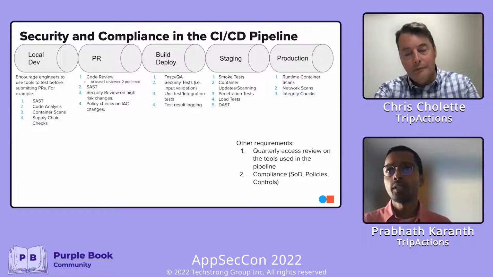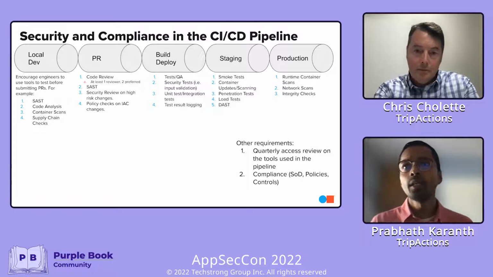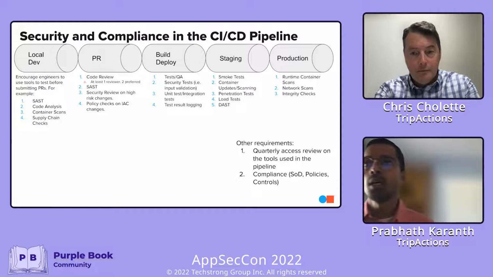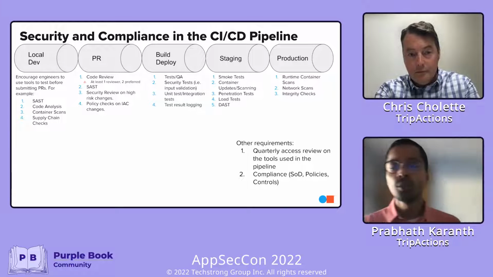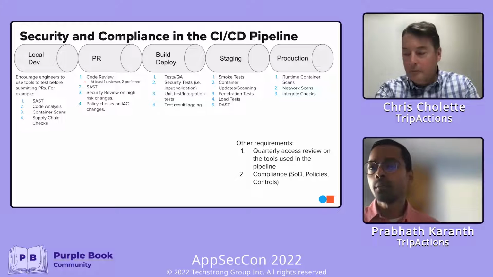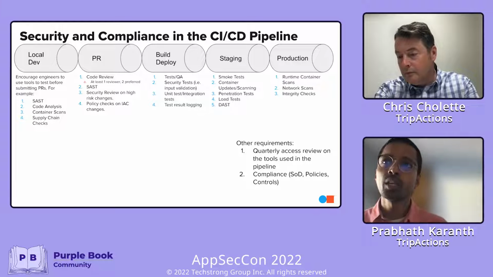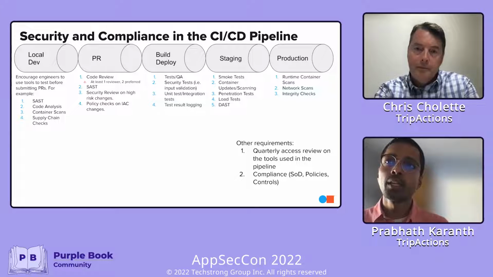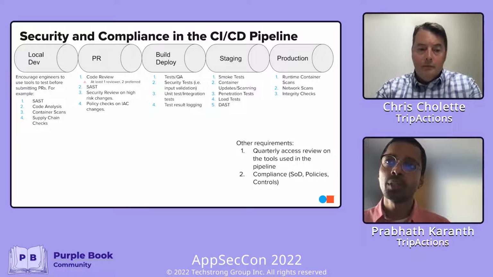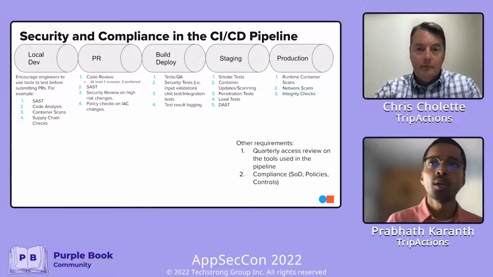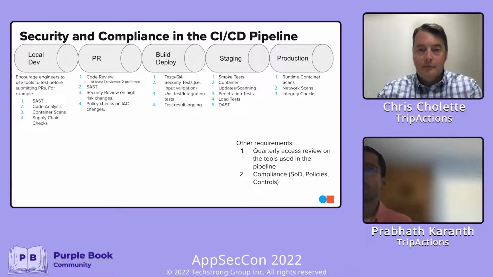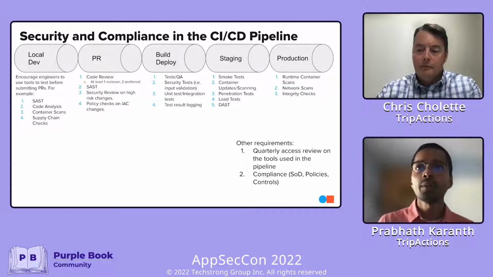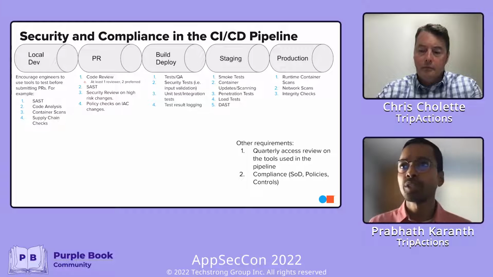Finally, in the staging environment, you can have some smoke tests and load tests to gauge the stability of the application. Container scanning could be another piece injected into this stage. Pen testing can also be looked into here, and lastly, dynamic application security testing can be done at this stage as well.